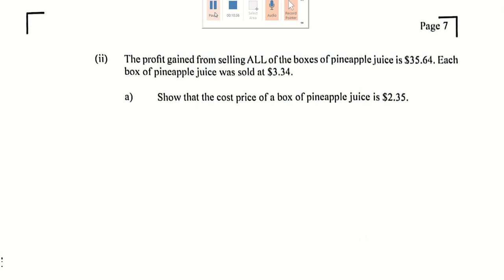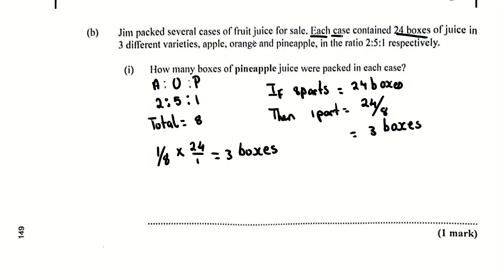Now, I think there's an error. I know there's an error in this question, because there is no way that you can make a profit of $35.64 by only selling the 3 boxes of juice from here. From the previous question, they told us that in one case, there were 3 boxes.